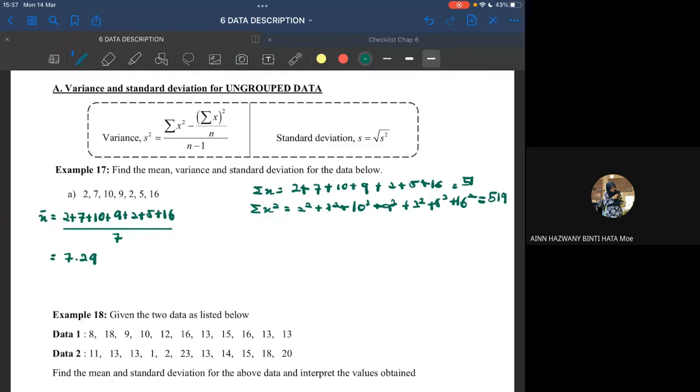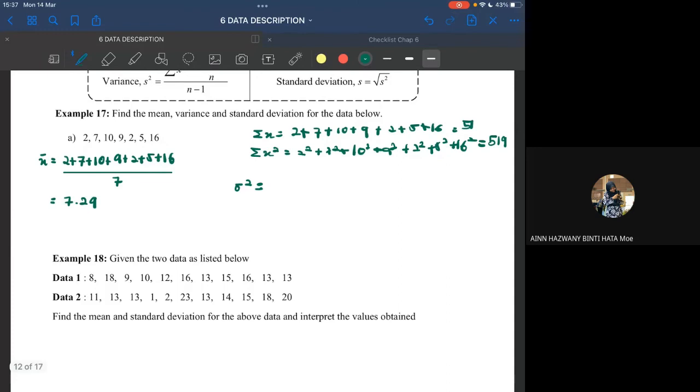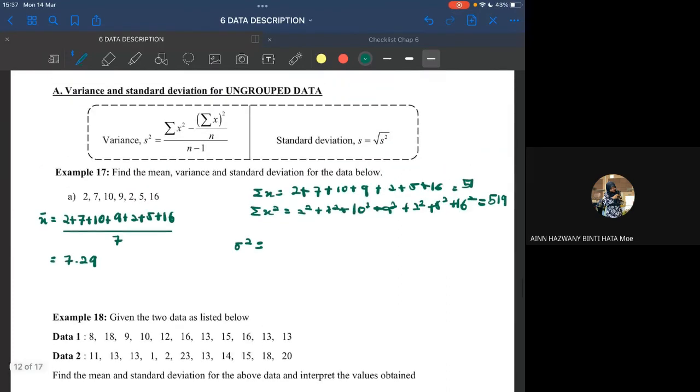So we have both of these things and just substitute dalam formula kita. To find the variance, variance represents sebagai sigma square is equals to summation of x square, which is 519, minus summation of x kita squarekan. Okay, jangan confuse antara dua benda ni. Ini ialah summation of x square.